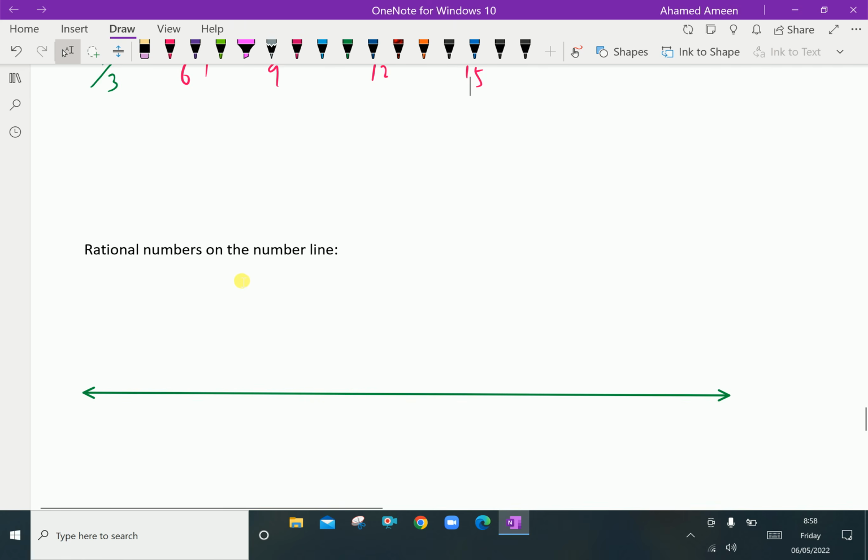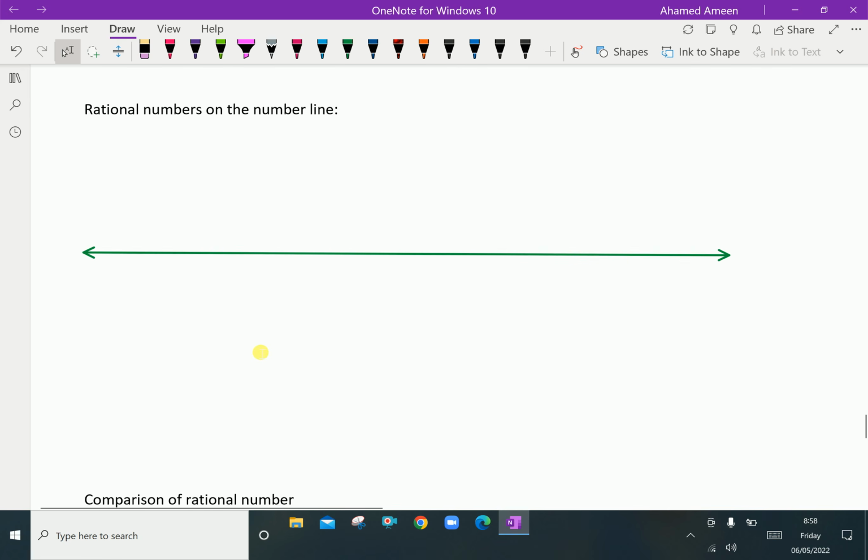Next, rational numbers on the number line. Rational numbers can be represented on the number line. Suppose the center is 0, then 1, 2, 3, and minus 1, minus 2, minus 3. Suppose we represent 1 plus half, which is 1 and a half, that is 3 by 2. So 1 and a half is between 1 and 2, so 3 by 2 is represented like this.